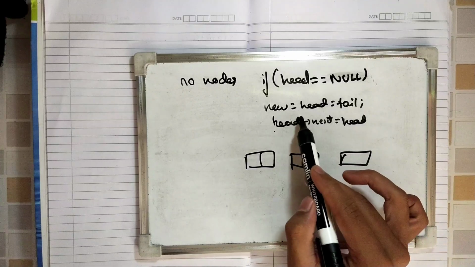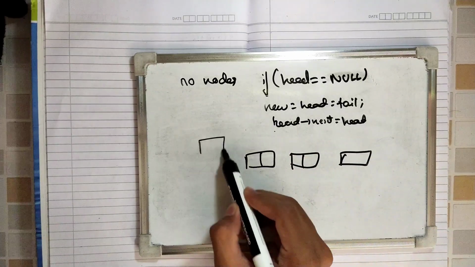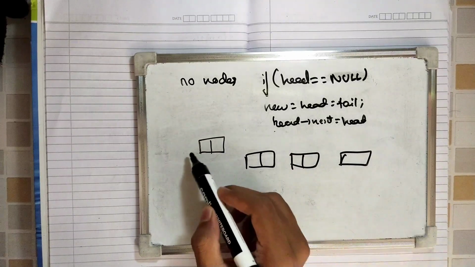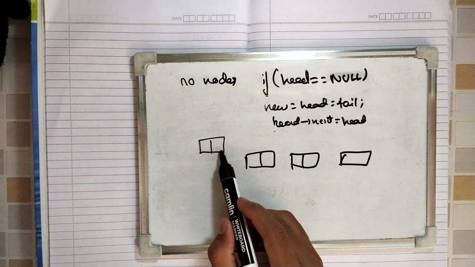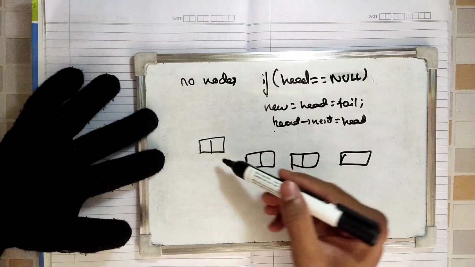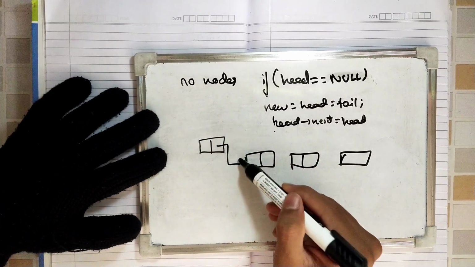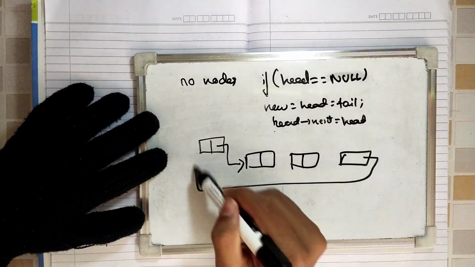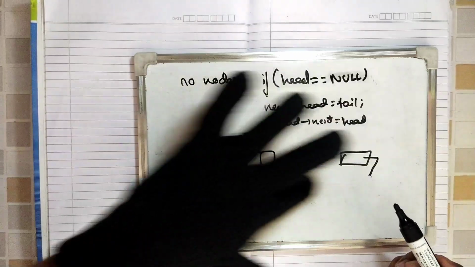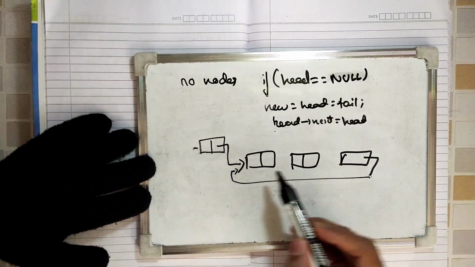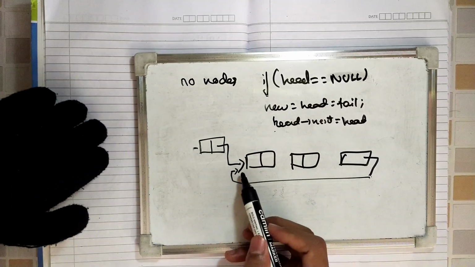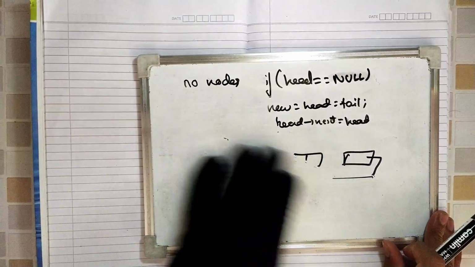If I simply leave it like this, what will happen? If I create a node, this will directly go and attach to this new. That's a different scenario where I have to attach this here, and this should come here. But this link will already be attached to this link. If it already exists, this link will attach to this link. So it's better to write it like this.